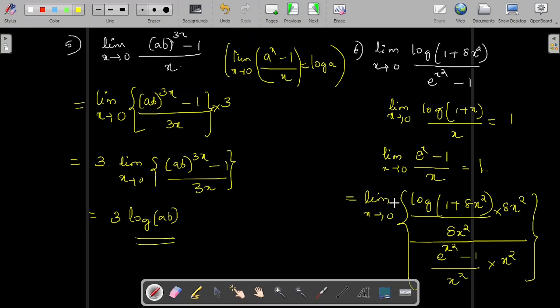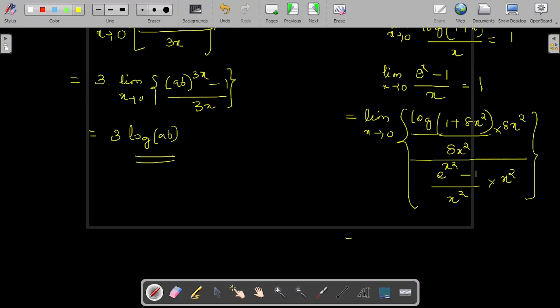Now the limit will apply to both numerator as well as denominator, by the algebra of limits. So you will get limit as x tends to 0, applying the limit for the numerator as well as for the denominator. See here, this x square cancels.